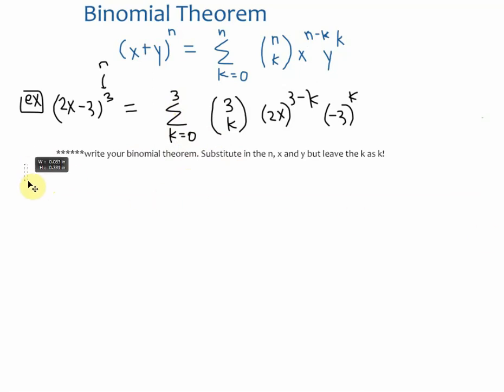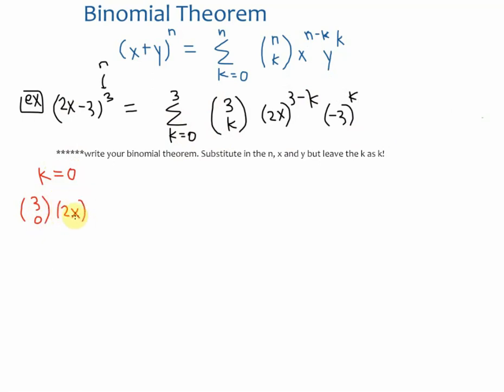So if k equals 0, that's the first term. So we take this whole thing and we plug in a 0 everywhere there's a k. So I have 3 choose 0, 2x.